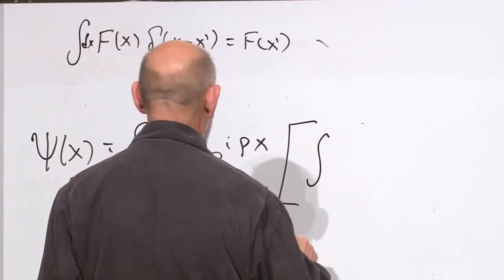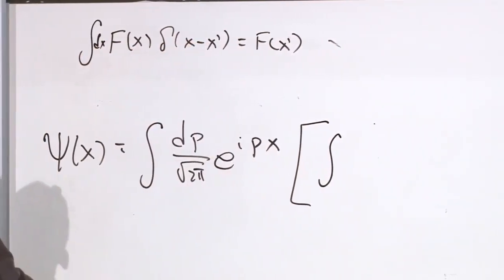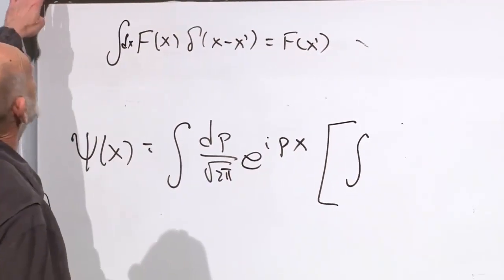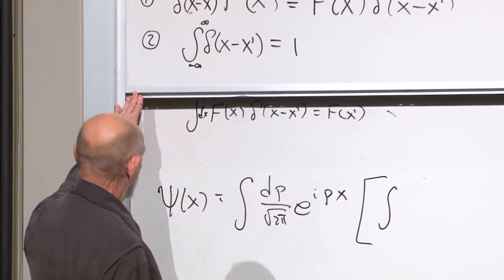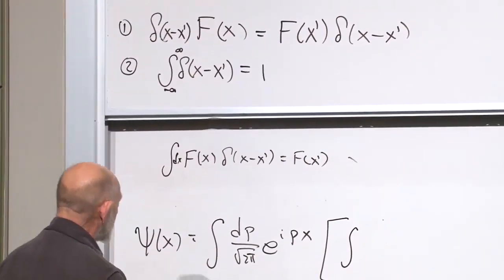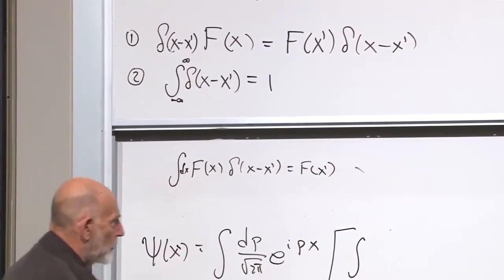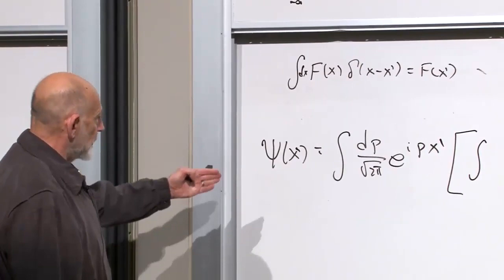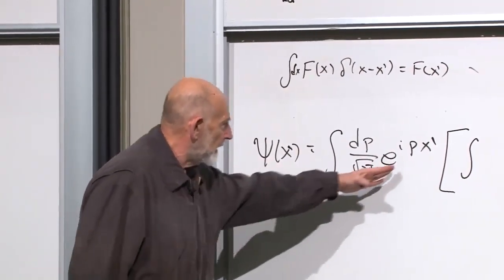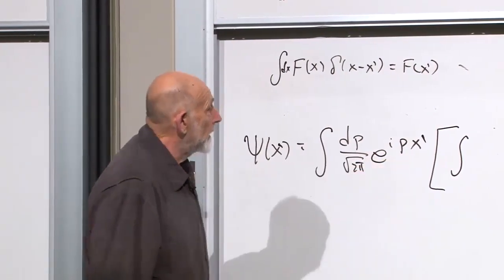Let's call it psi of x prime. To make it psi of x prime, all we have to do is put a prime here. I've just changed the name of the variable on the left side, and to do so I have to change the name of the variable on the right-hand side as well.